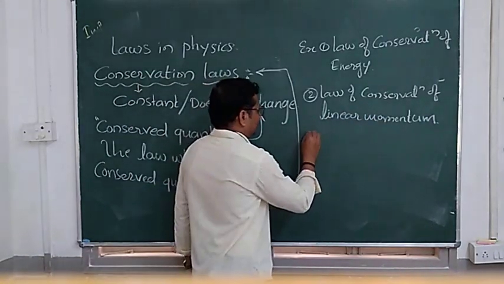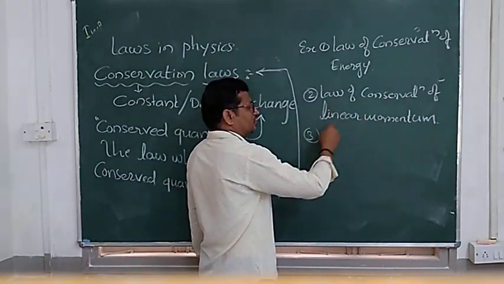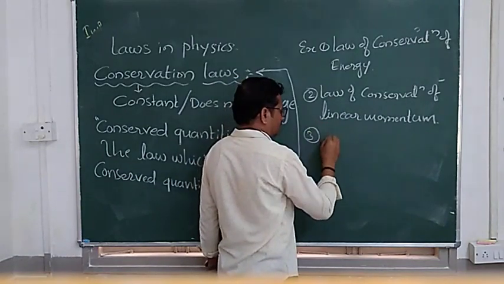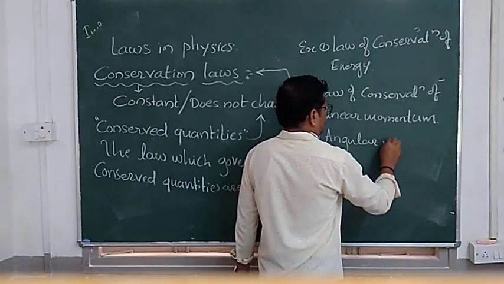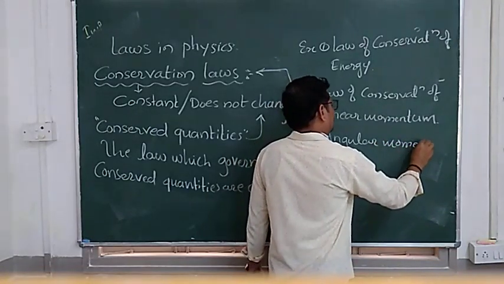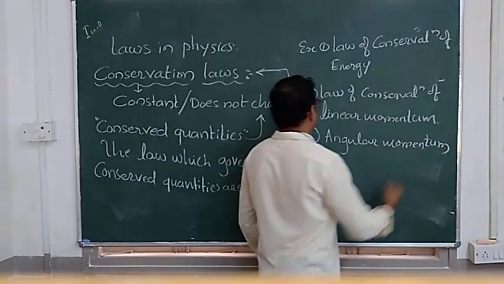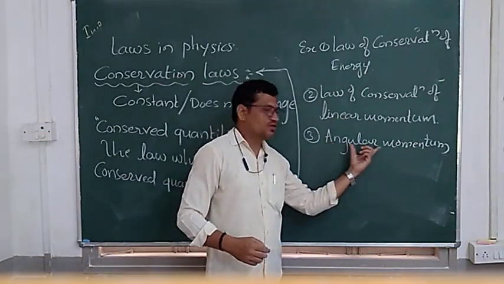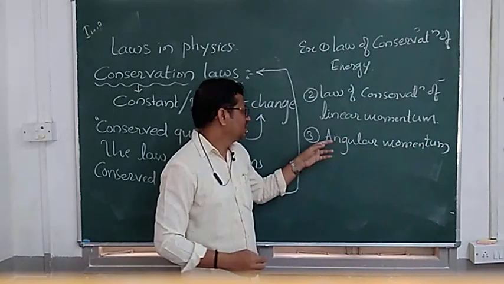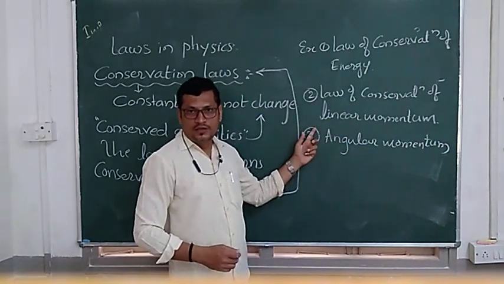Like that. Third one, law of conservation of angular momentum. Law of conservation of linear momentum. Next, law of conservation of angular momentum. I have not written here. Okay, you can consider this.